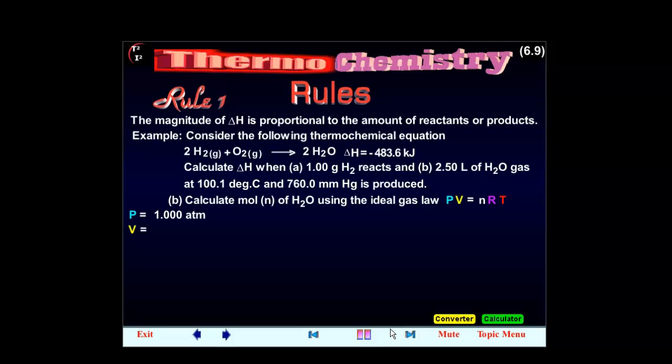V equals 2.50 liters. n is to be calculated. R equals 0.0821 liter atmosphere per mole per Kelvin. T equals 100.1 degrees C equals 373.25 Kelvin.